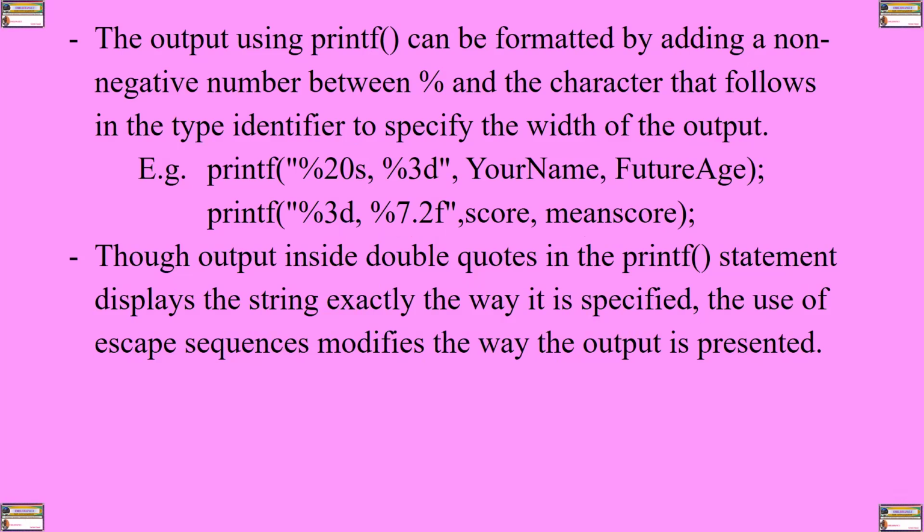Though output inside double quotes in the printf statement displays the string exactly the way it is specified, the use of escape sequences modifies the way the output is presented. In other words, other than formatting the values picked from memory locations, whether whole numbers or decimal points, you can also decide to format your output on the screen.